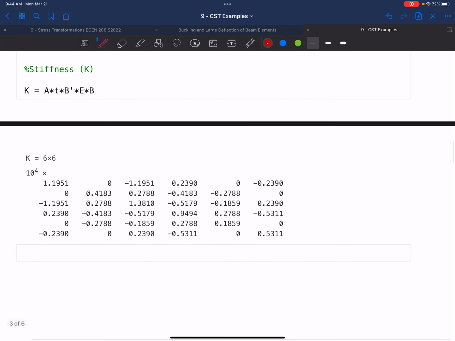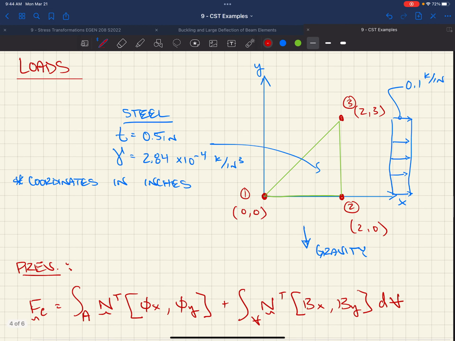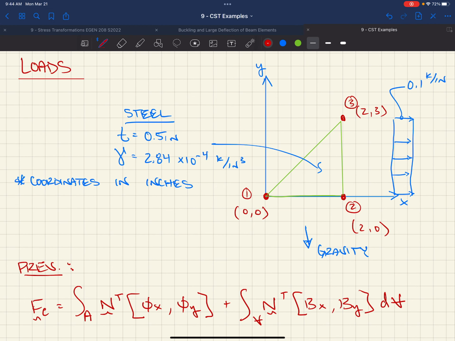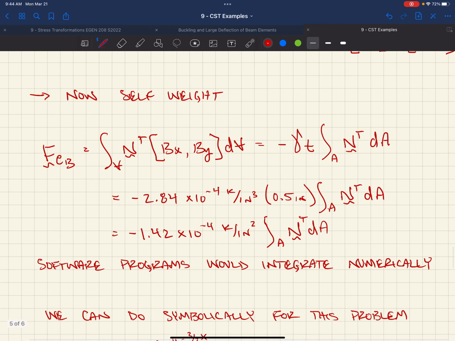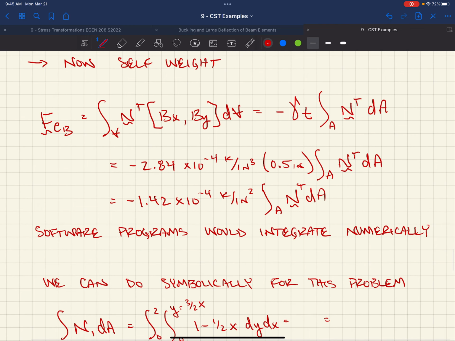And that's where we can look at the body force, just for self-weight. If we modeled a plate in VA, of this dimension in inches, with a certain load, to figure out the energy equivalent nodal forces of that self-weight, Visual Analysis would have to take the integral, and to do that they use numerical integration.